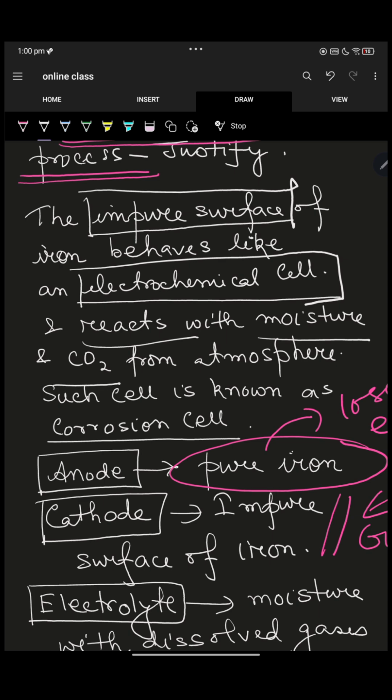Such a cell that behaves in this manner, reacting in an oxidation and reduction manner, is known as a corrosion cell. That is, it is behaving like an electrochemical cell and the process that is going on is corrosion. So it is a corrosion cell.